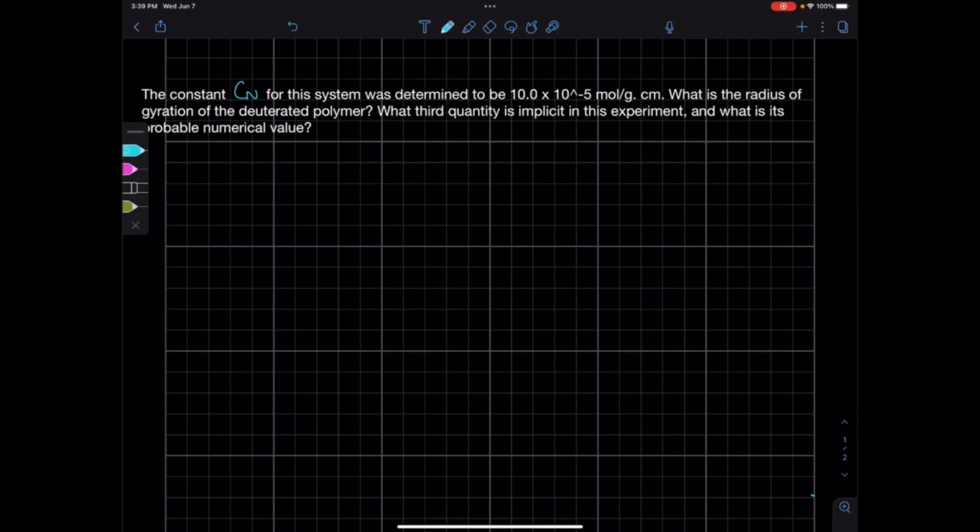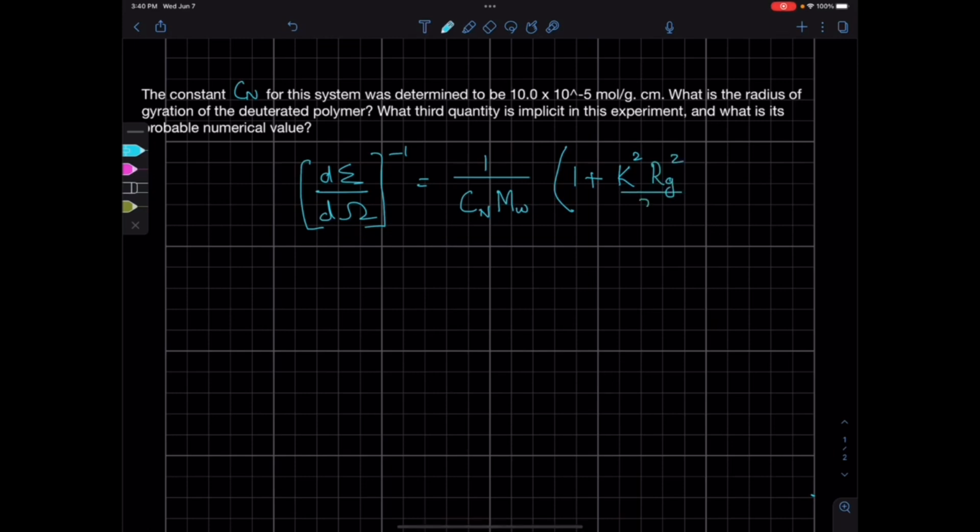We can start off with the equation used in small angle neutron scattering experiments. D sigma by d omega to the negative 1 equals 1 over Cn times the molecular weight Mw times 1 plus k squared, where k is the wave vector, times Rg squared, where Rg is the radius of gyration, over 3.